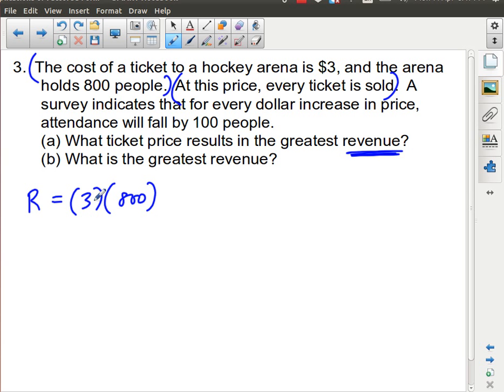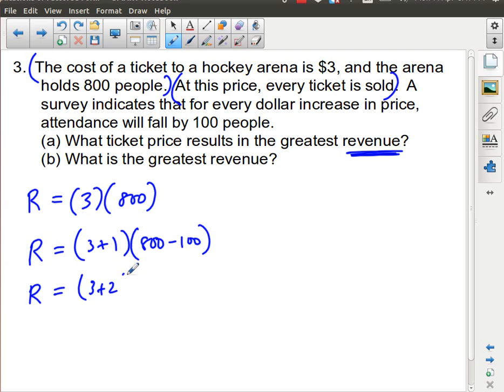Now, how will this change? If I increase from $3, if I add $1 to my ticket price, what happens to my attendance? My attendance goes down by 100 people. If I add $2 to my ticket price, my attendance goes down by 200.